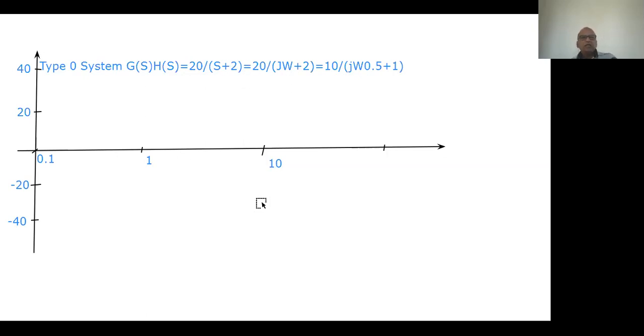At the beginning, we will draw faint lines at the time of sketching the Bode plot on semi-log graph paper. Draw a faint line from plus 20 to the first corner frequency, and minus 20 to the first corner frequency.